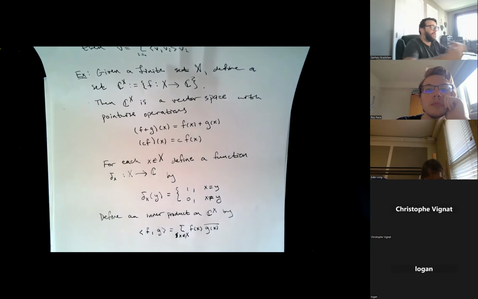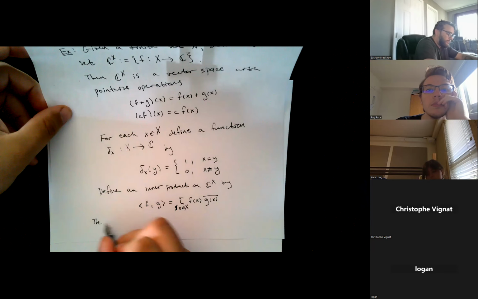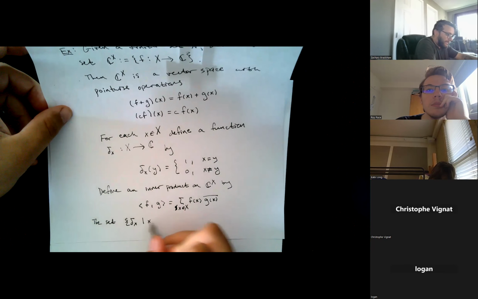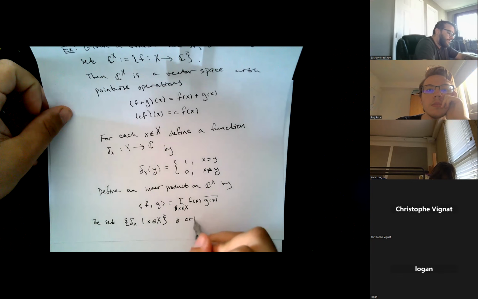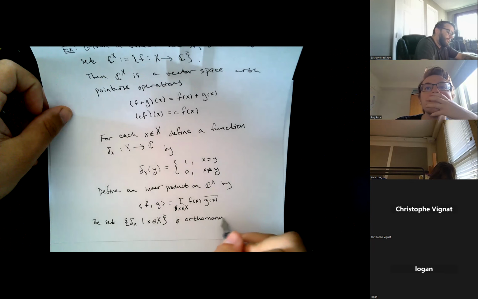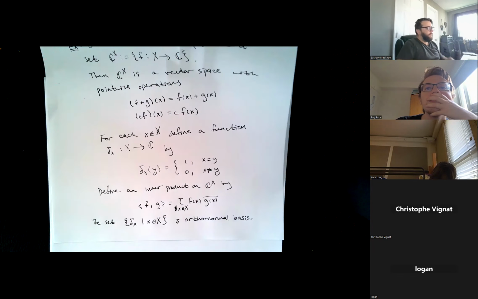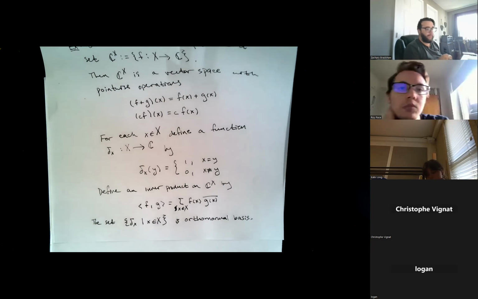Okay. So this thing is an inner product, and the set of all delta_x such that x is in X is an orthonormal basis. So that means that all the delta_x's are mutually orthogonal, and the norm of a delta_x is always 1.